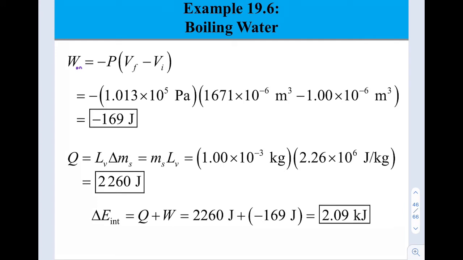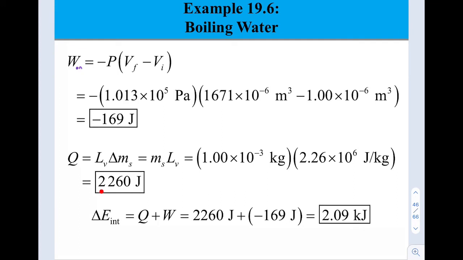So we have the mass of the steam here and the LV of steam. So substitute the mass of the steam and the LV of steam. Right? You may get this info from the table. Refer to your textbook. So you get here 2260 joule of Q.